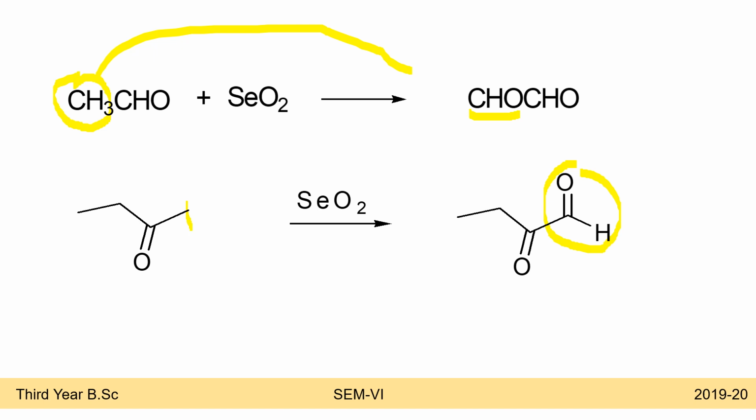Those active methyl groups which are next to the carbonyl are oxidized into the carbonyl group. Similarly, this is the carbonyl group and this methyl group is next to the carbonyl, meaning the alpha group always oxidizes into the corresponding carbonyl by using selenium dioxide.